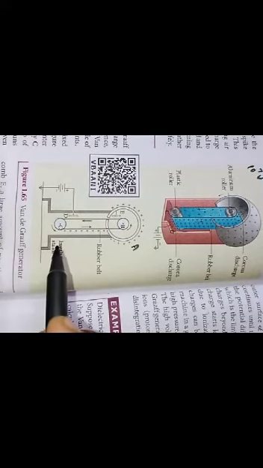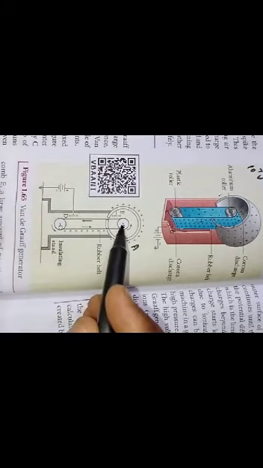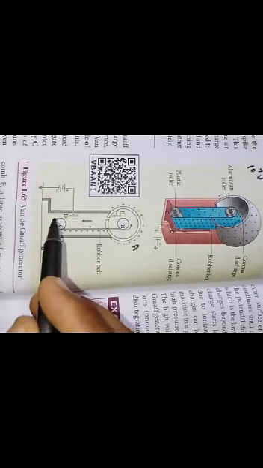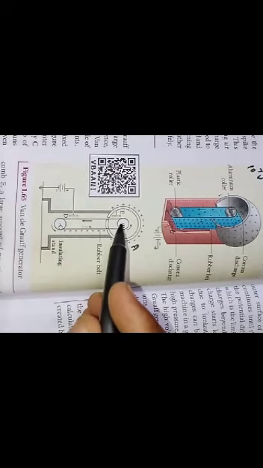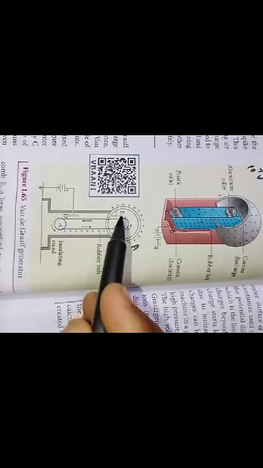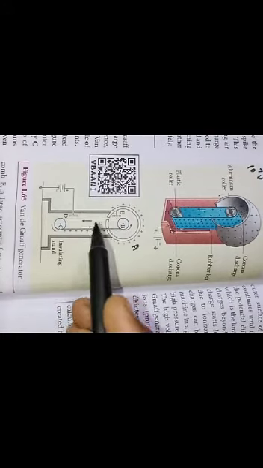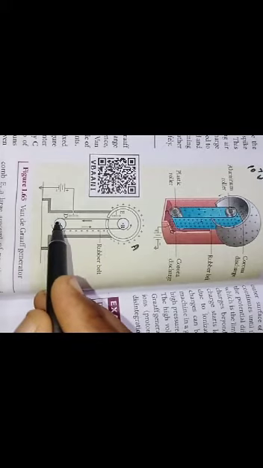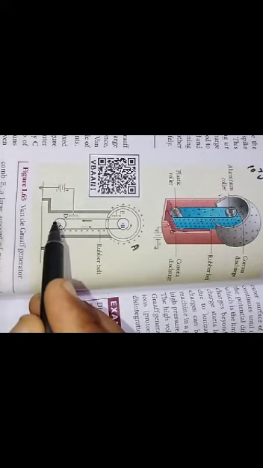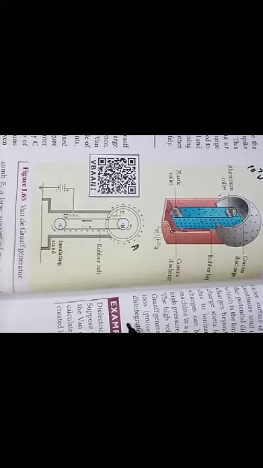It also has two pulleys, B and C. The pulley B is placed at the center of the hollow metallic sphere. The pulley C is placed at the bottom of the Van de Graaff generator.